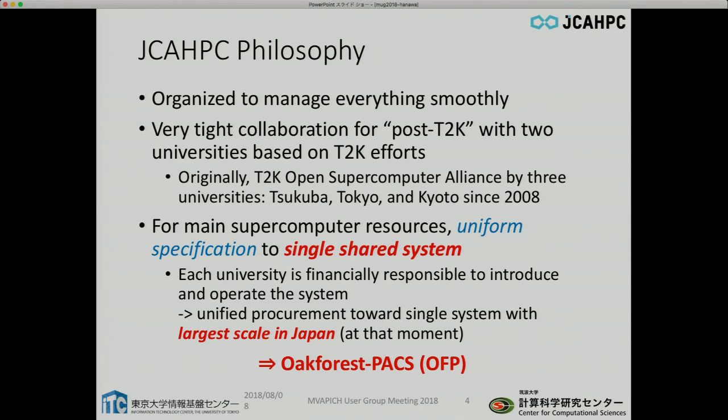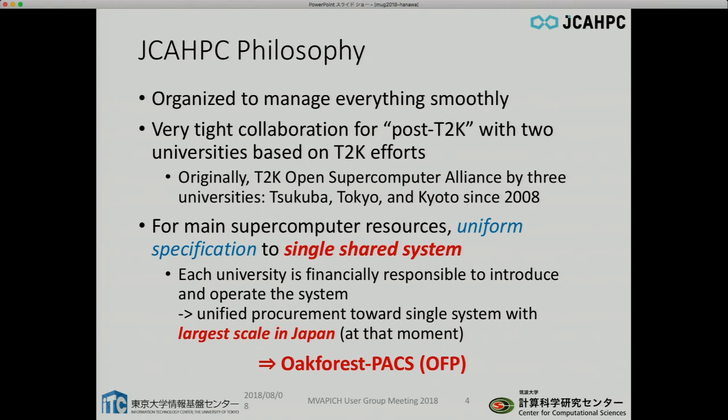Here is the JCAHPC philosophy. We had a long history called the T2K collaboration. Oakforest-PACS is actually the post-T2K system. We already had a very tight collaboration between the University of Tsukuba and the University of Tokyo.